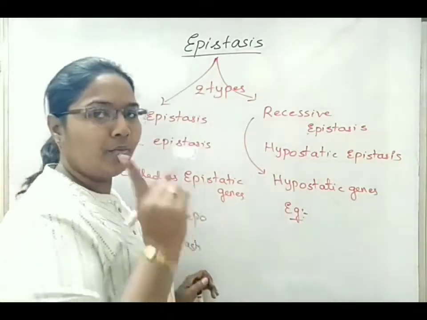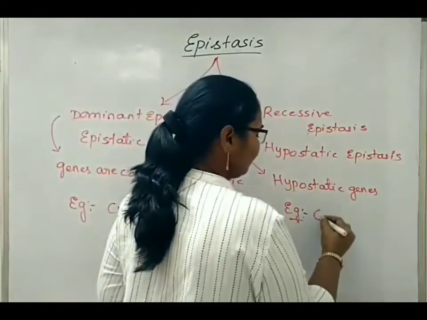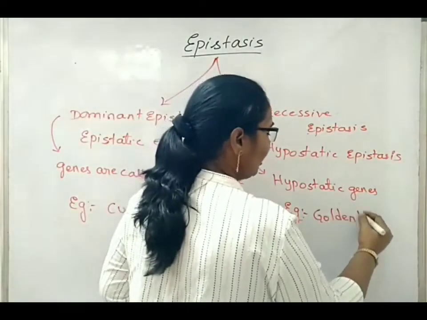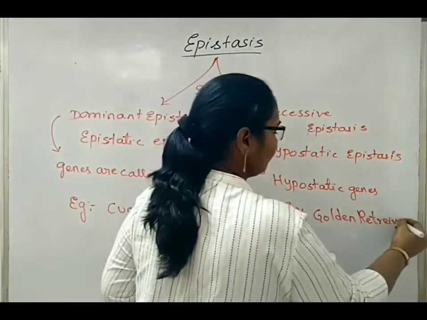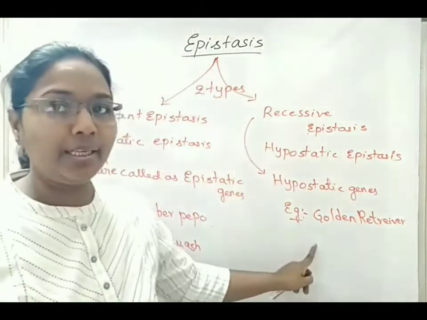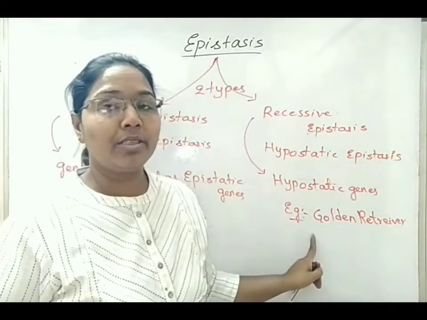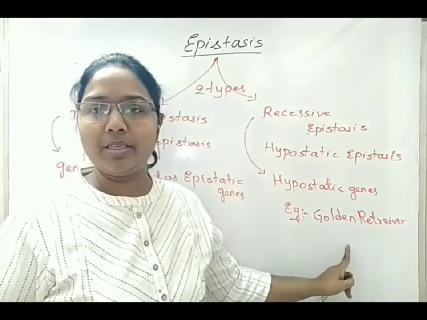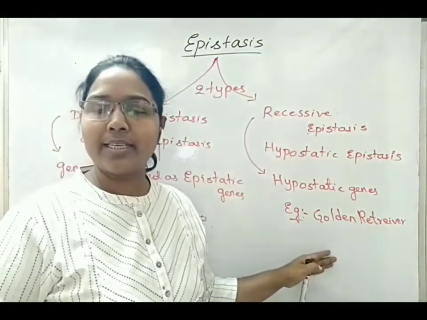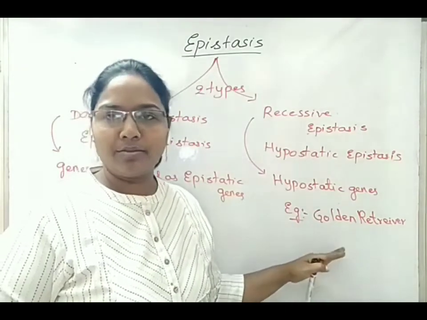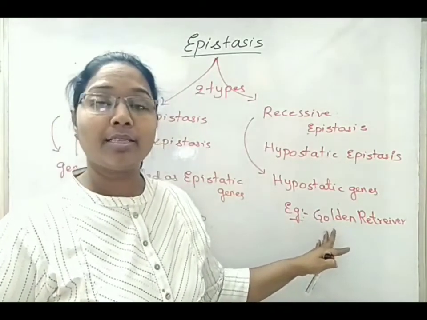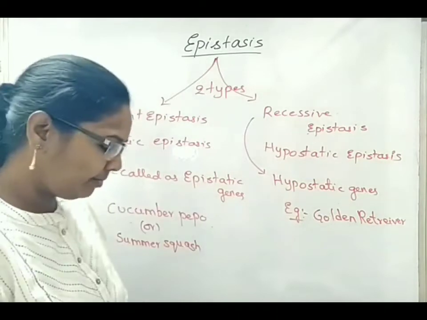We'll write one example, golden retriever. Usually and initially there are black and white golden retriever colors, but during the hypostatic expression of the recessive genes, another new color has come, that is golden.